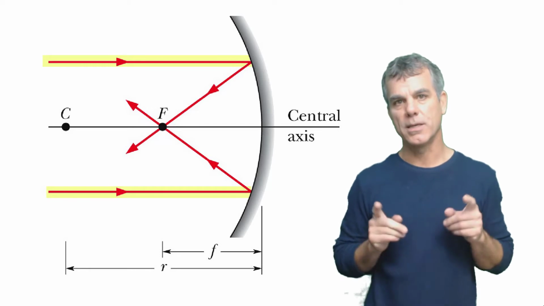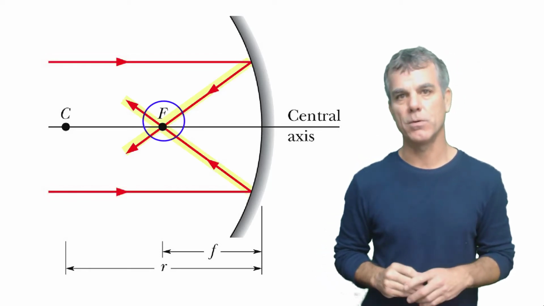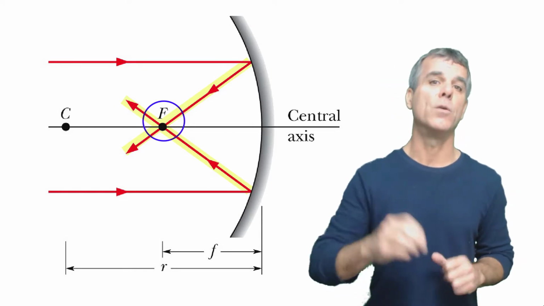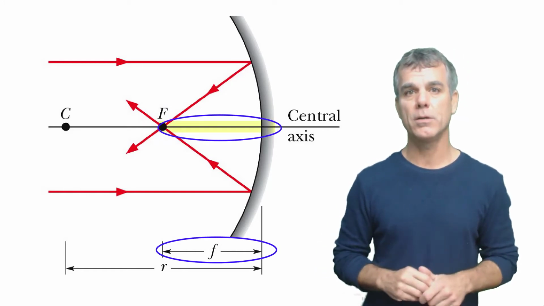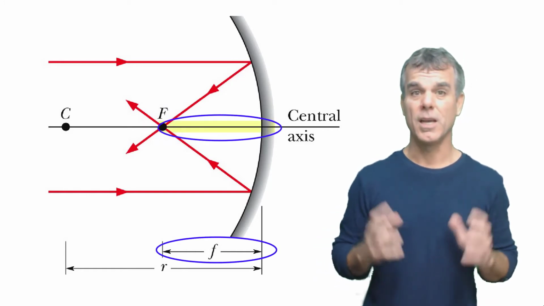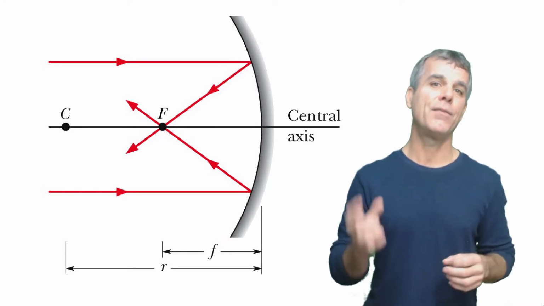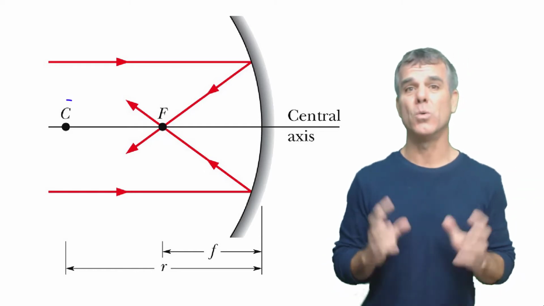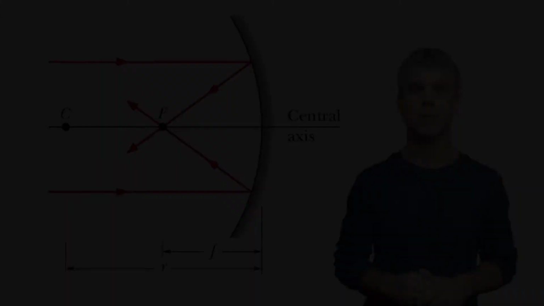Parallel light rays coming in will all meet at a single point after reflecting from the concave mirror, and that point is called the focal point. The distance between the focal point and the middle of the mirror is called the focal length. And for a concave mirror, the focal length will be 1/2 the radius of curvature. So the center of curvature is always twice as far away from the mirror as the focal point.